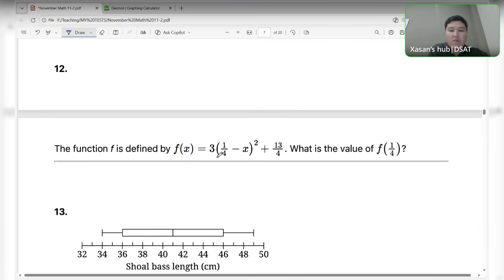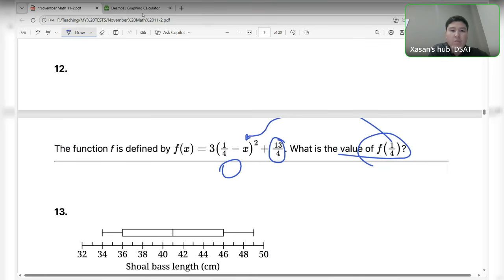Question 12, the function f is defined by this. What is the value of f of 1 over 4? Again, Desmosable, but here, guys, if you just use your logic a bit, it is easier. When you apply 1 over 4 instead of x, you're going to have 0 here, right? Everything just gets 0, and you're going to have only 13 over 4.